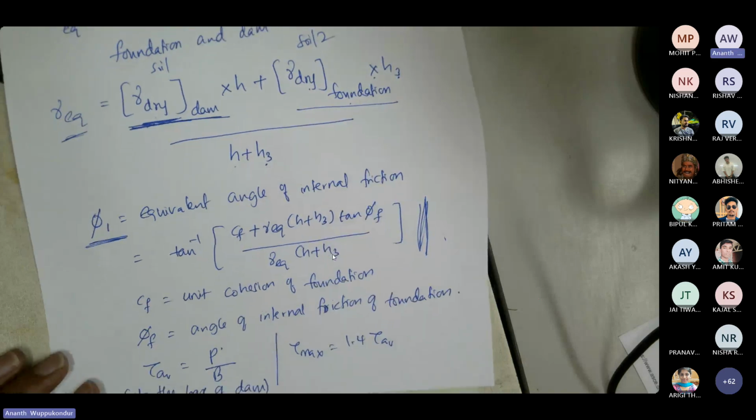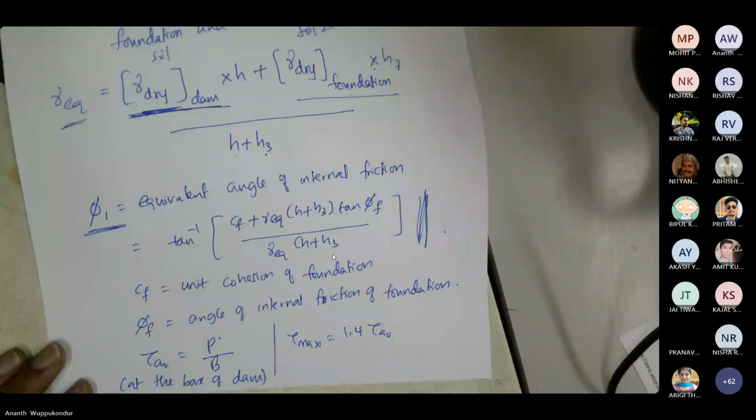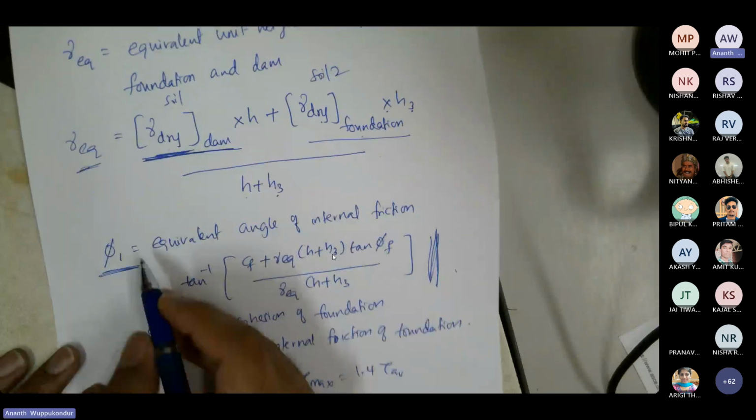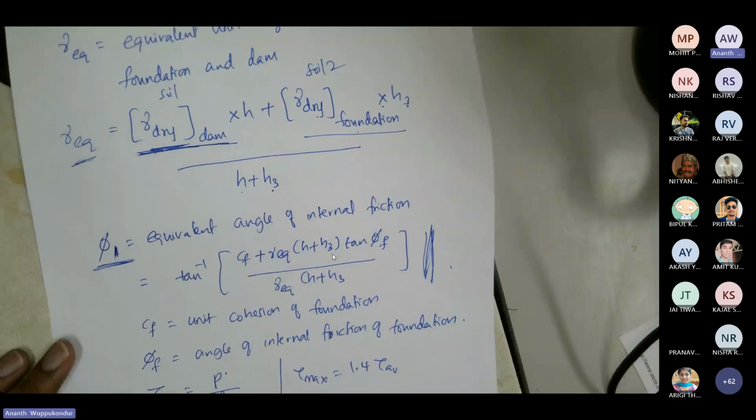So after this lecture, I suggest that you go through the geotech concepts of cohesion, angle of internal friction, and the soil pressure, so that you have a better understanding of what I'm talking about here. So you calculate the equivalent angle of internal friction, because we are considering two different soils, so soil 1 in dam and soil 2 in the foundation. So we have two different soils.